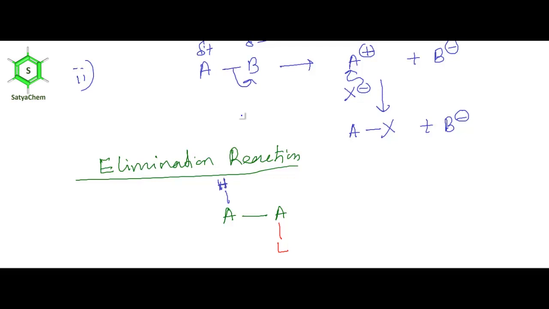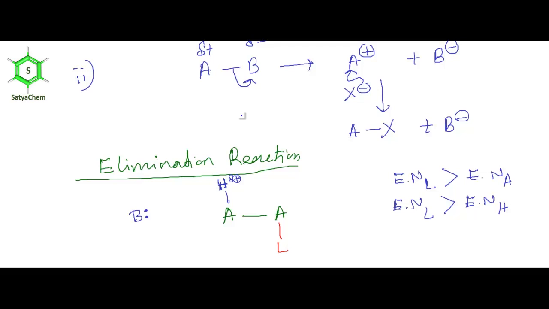We are considering that the electronegativity of L is higher than the electronegativity of A, and also greater than the electronegativity of hydrogen. As L is an electronegative atom, it is withdrawing electron density, which gives H a delta positive charge.